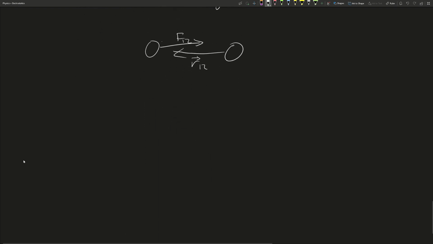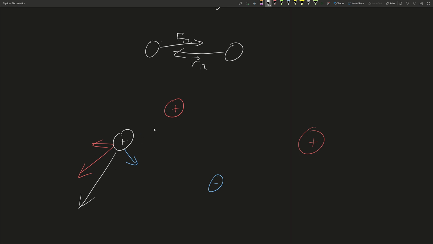So let's just say you want to find the net force on this charge here, from one positive charge here, a positive charge here, and a negative charge here. You can find the force from each of these individually and then add them together to get the net electric force.